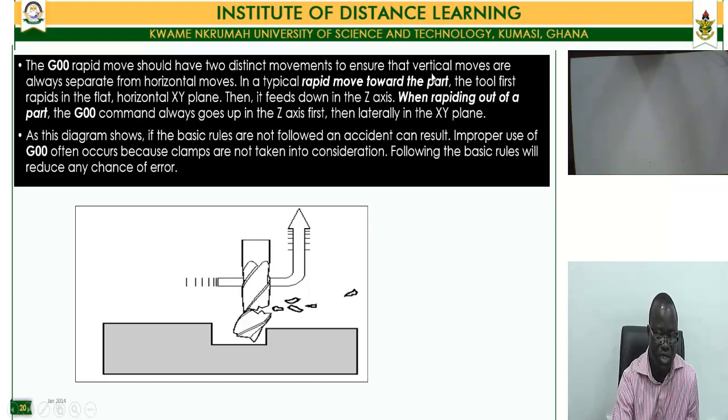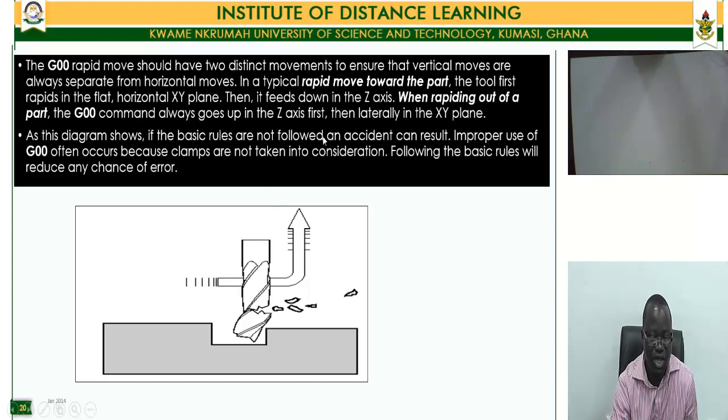So basically, if you have to move towards the workpiece, the tool will move in the XY coordinates, the horizontal move, towards the part, and then as it approaches the part, it will feed down along the Z axis.